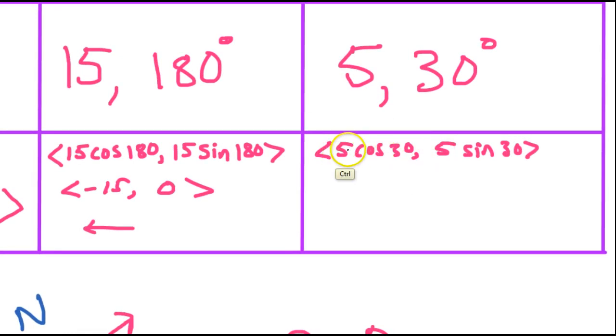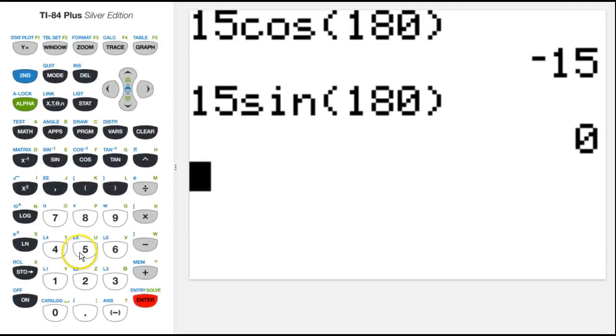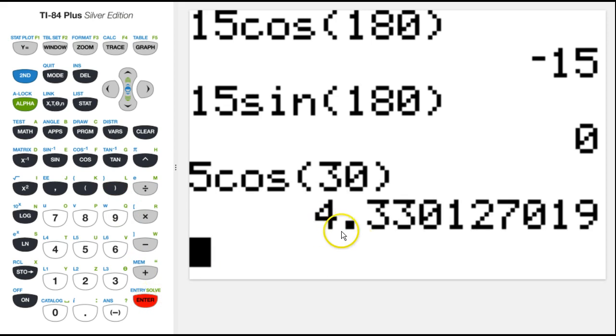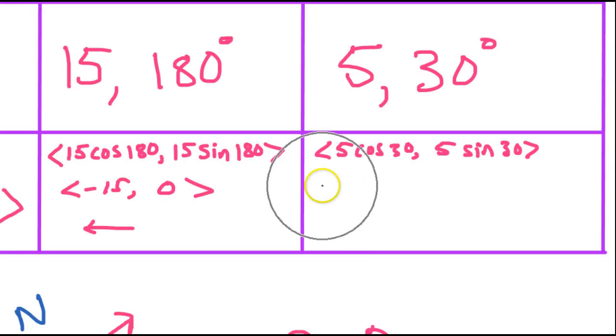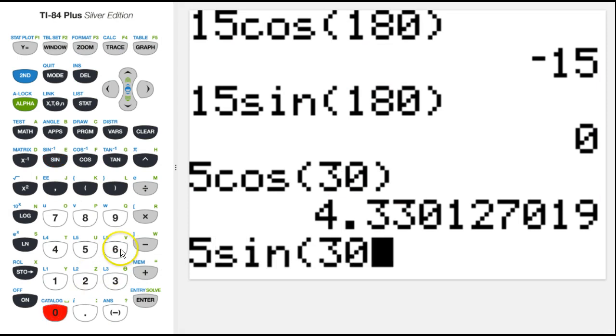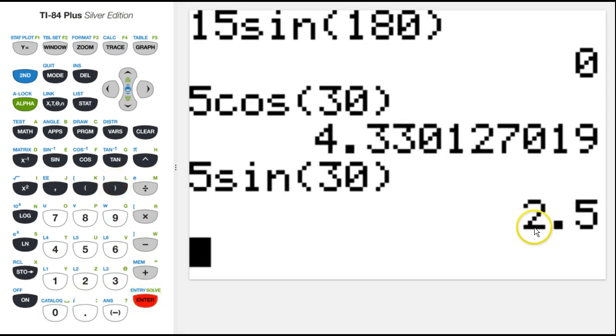Similarly, on this side, we're going to do 5 cosine 30 and 5 sine 30. So 5 cosine 30 is going to be 4.33. And now 5 sine 30 is 2.5.